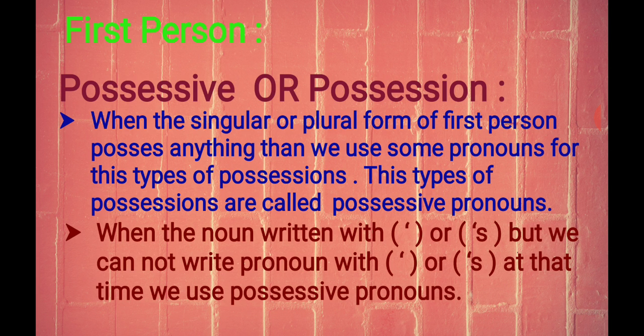But when we use a pronoun instead of a noun, we cannot use apostrophe or apostrophe s with the pronoun. In this situation, we use the possessive pronoun to show the ownership of a particular thing.